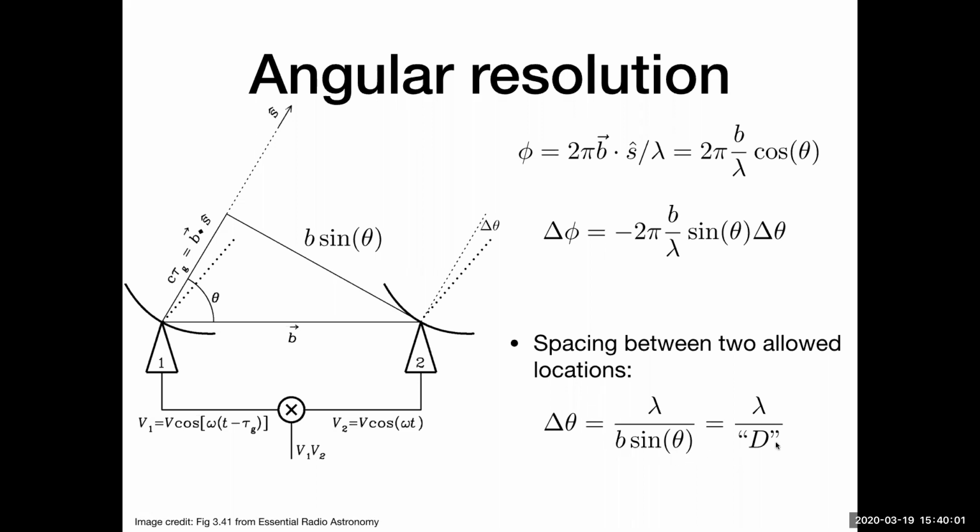This is a classic resolution criterion. You have this lambda over d kind of equation, where in this case your d is the projected baseline length.